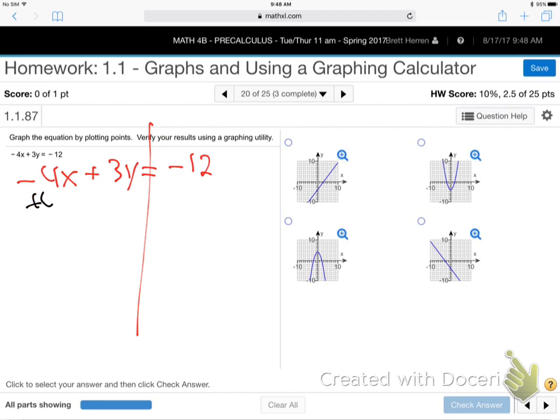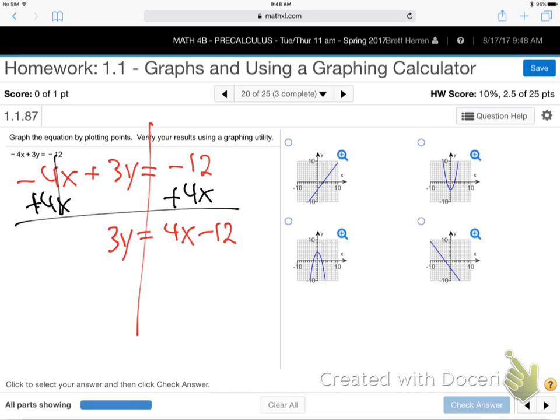So to get y alone, I'm going to add 4x. Like that. So far, so good.